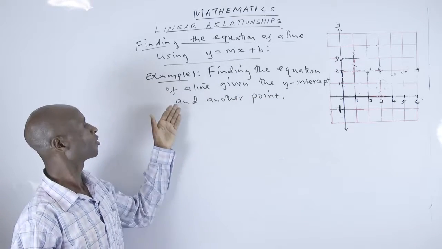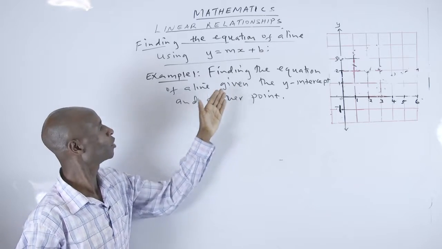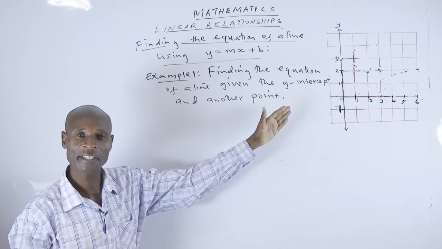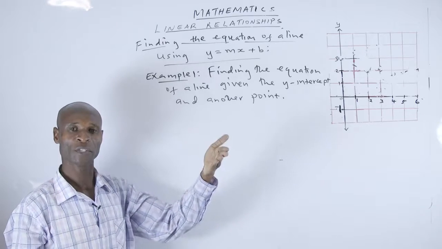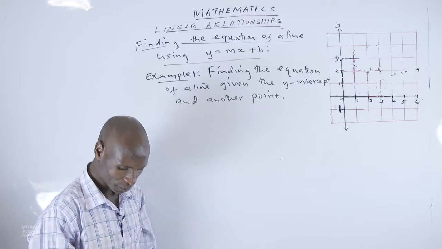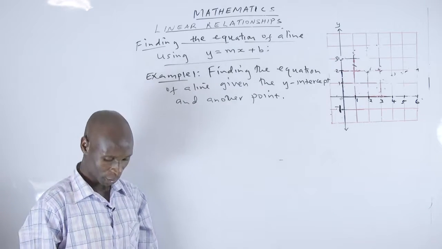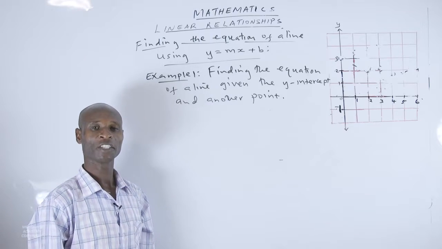So in our first illustration, we wish to find the equation of a line given the y-intercept and another point. For example, determine the equation of the straight line shown.